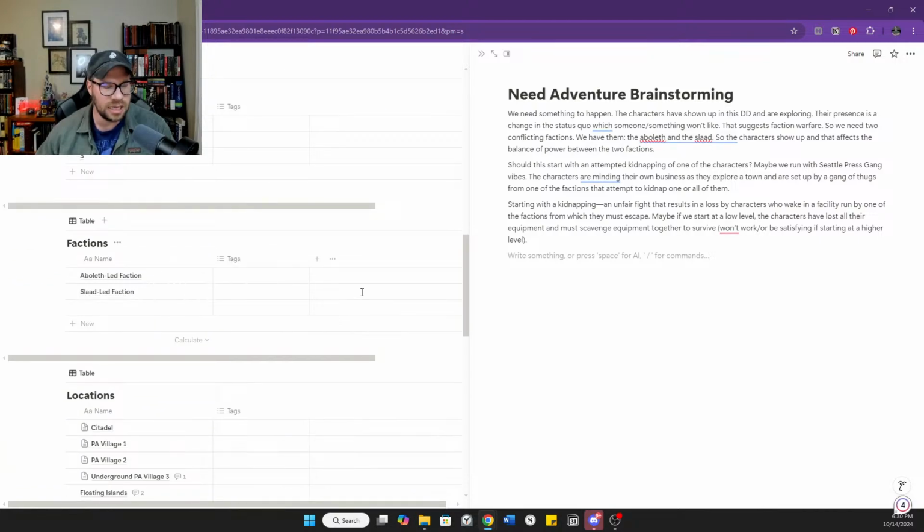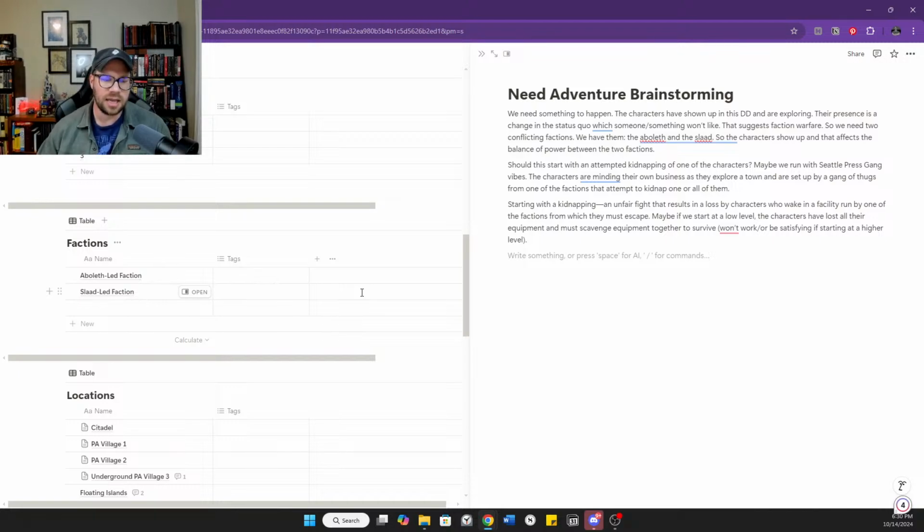I'm kind of leaning towards the Slotty led faction being our bad guys for this, because they're a little more chaotic, I think, and also intrinsically evil. I think it's just easier to play that group as intrinsically evil.